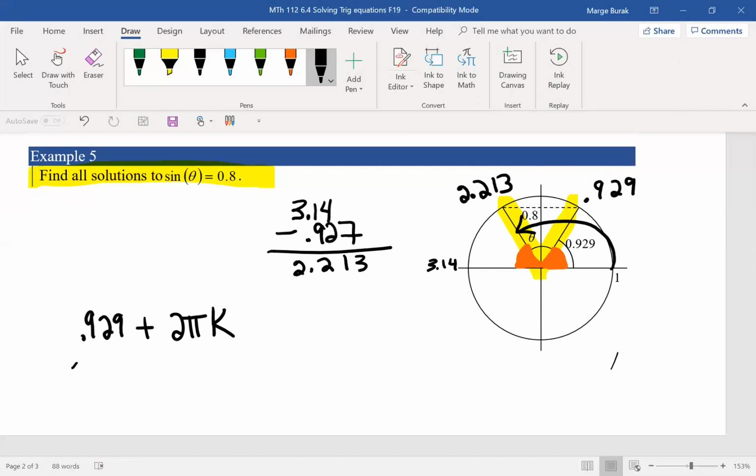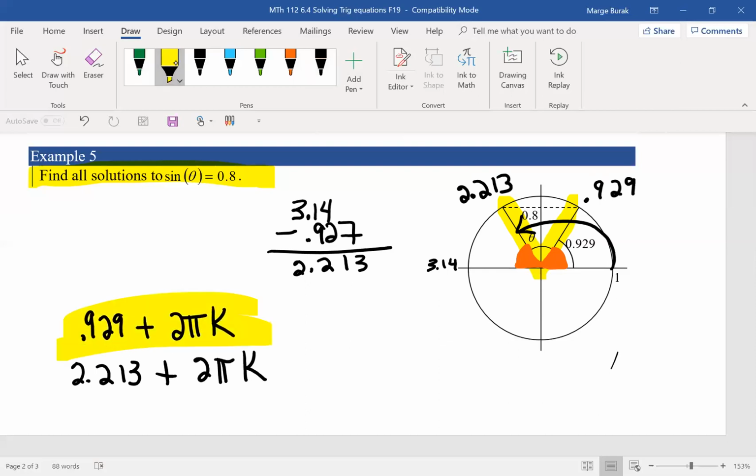And the other one would be 2.213, and we're also going to add 2 pi k to that. And those two will give us all of the solutions. Okay? Let's go on to another one.